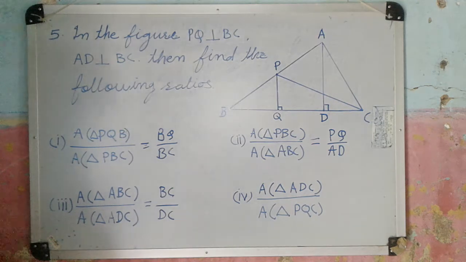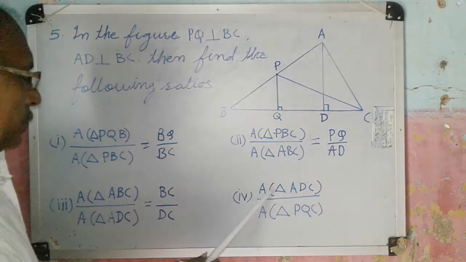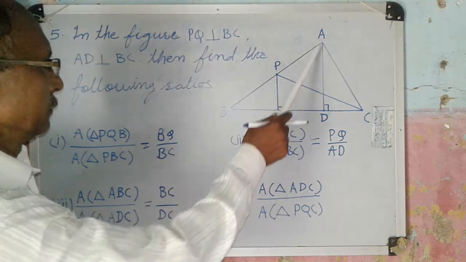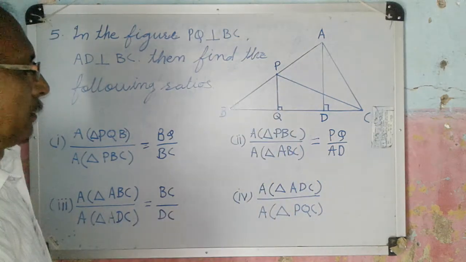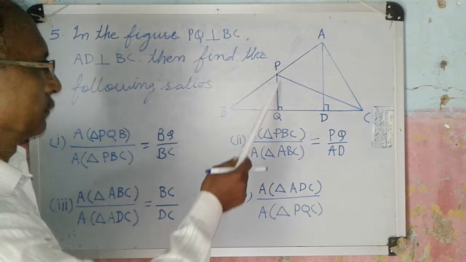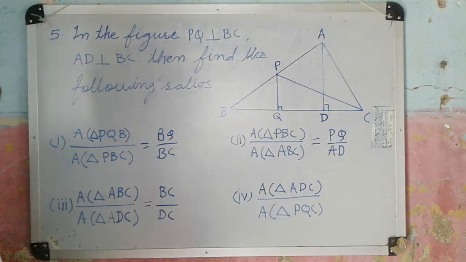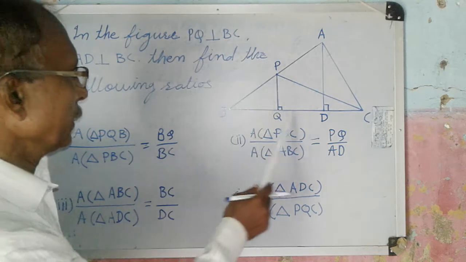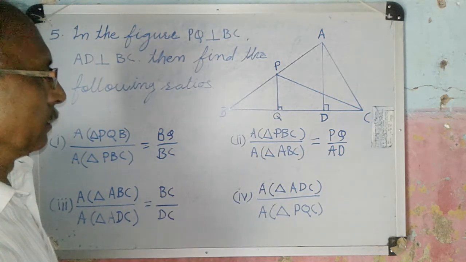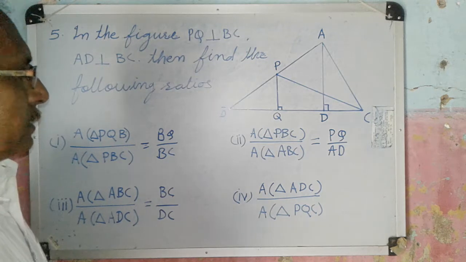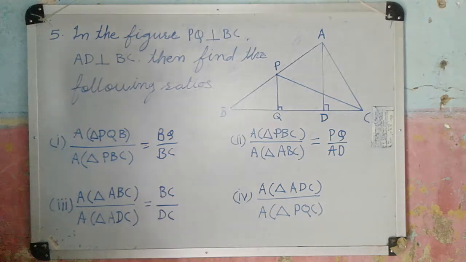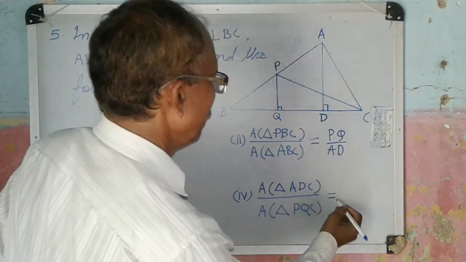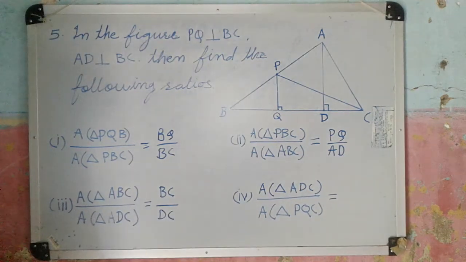Now in fourth example, area of triangle ADC upon area of triangle PQC. This is triangle ADC. This is triangle PQC. Both the triangles are of different heights and different bases. So the ratio will be equal to the ratio of the products of their bases and corresponding heights.